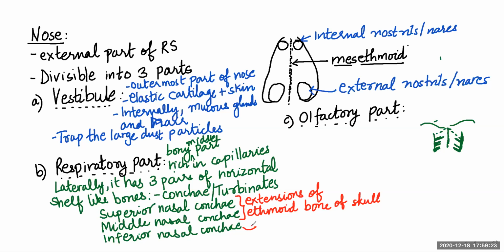Whereas the inferior nasal concha is a separate bone. It is not an extension of any bone. So this is important. The inferior nasal concha is a separate bone. Many people normally say nose bone, so this is the nose bone.